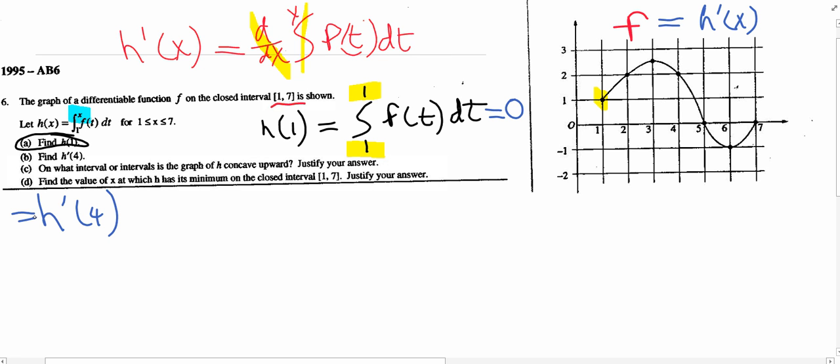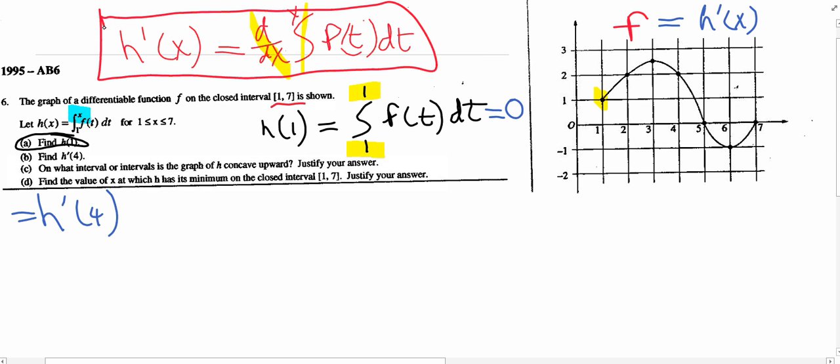Alright, the next part says find h prime at 4. So based on this little definition that we have right here, all we have to do is go to 4, and that's where we just need to look at the graph. So f at 4 is this dot right here, and it has a value of 2.